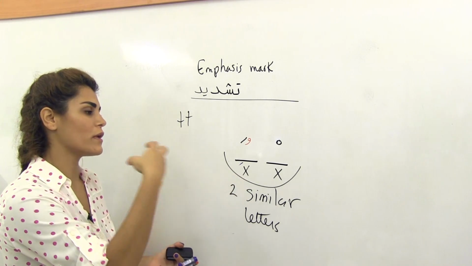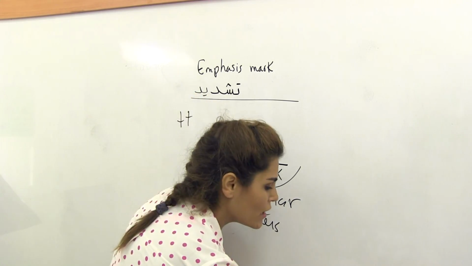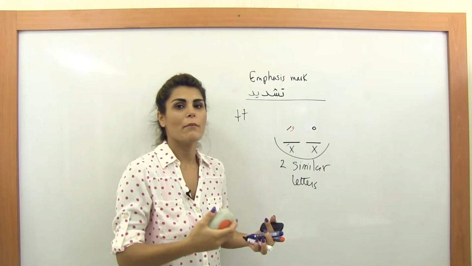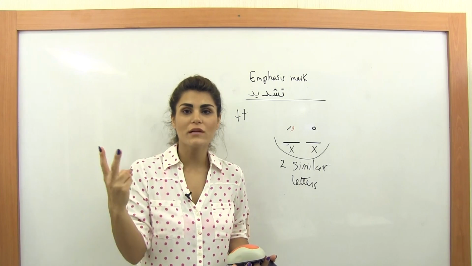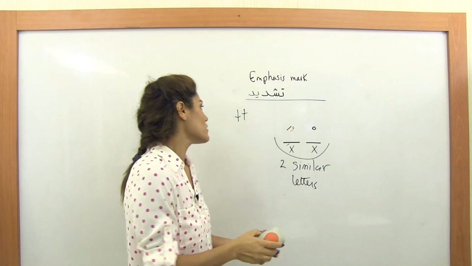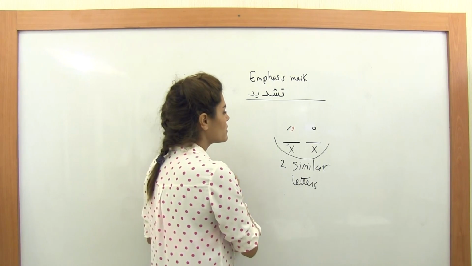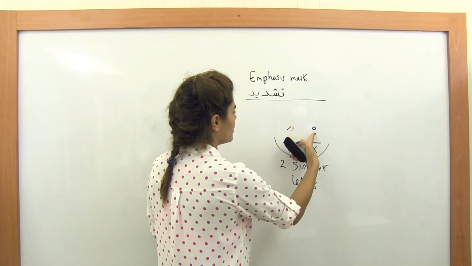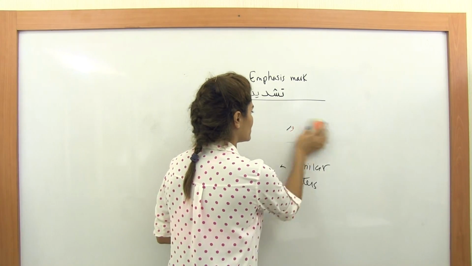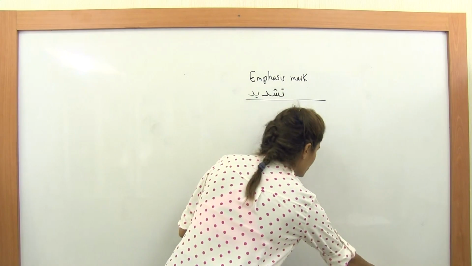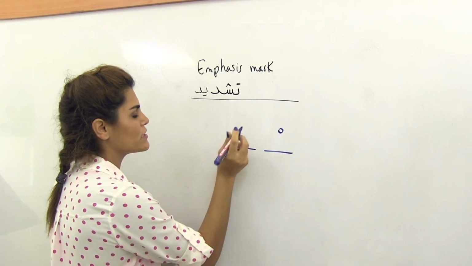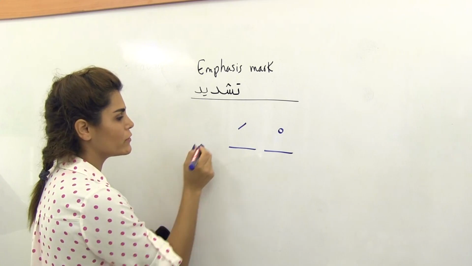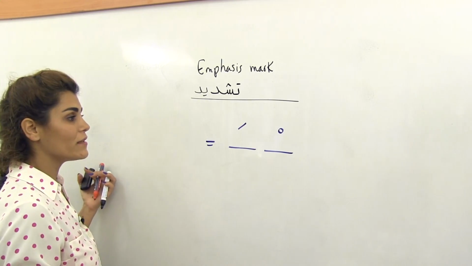So what happens is the Arabic language created this mark to explain that there is an emphasis and there are two letters as well. Let's suppose the first one is sukoon and the second one is fatha. Then where is the shadd in there?